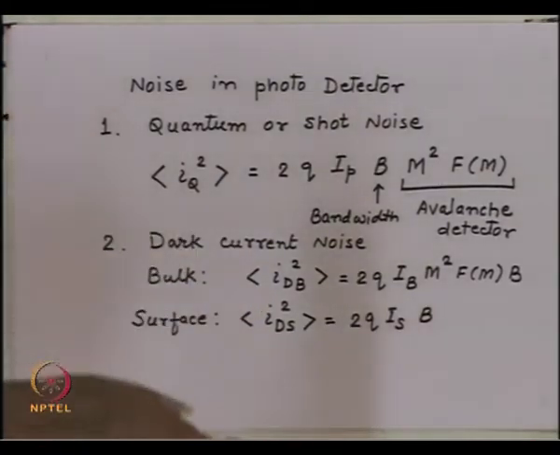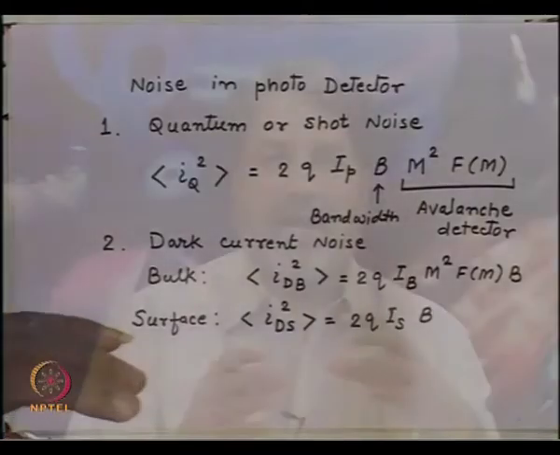So, inside the photodetector, now I have the photocurrents, which could be due to two components. One is due to the signal which is coming from the optical fiber and incident on the detector, and the other is that even in the absence of this signal, there is some ambient light which might be falling on the detector, or because of thermal excitation, a certain current could be flowing. These two together would contribute to the noise in the current.